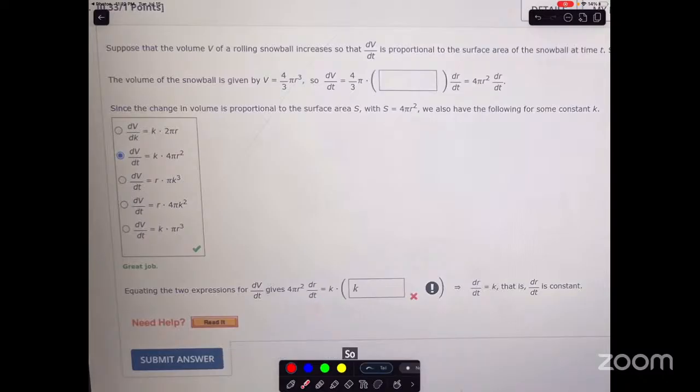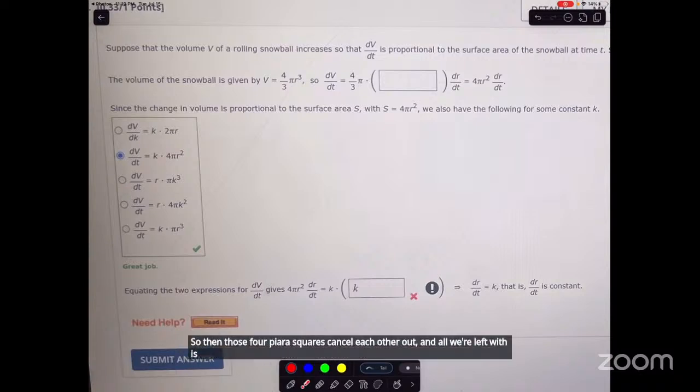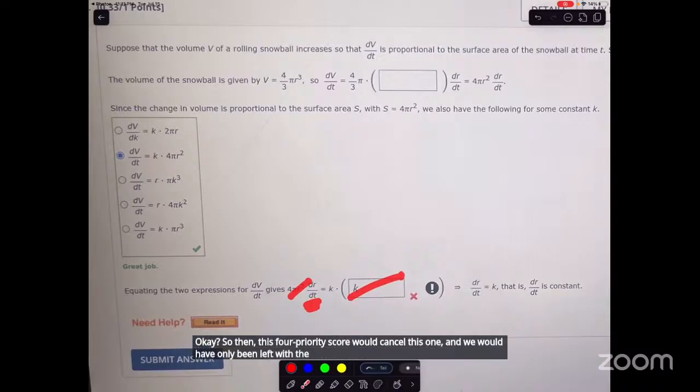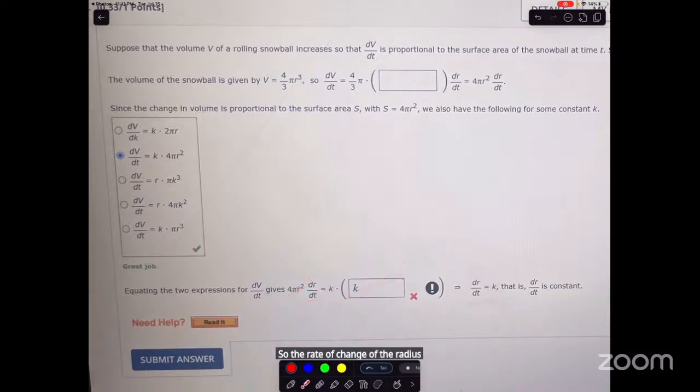Those 4 pi r squareds cancel each other out, and we would only be left with dr by dt equals k. So the rate of change of the radius with time equals a constant.